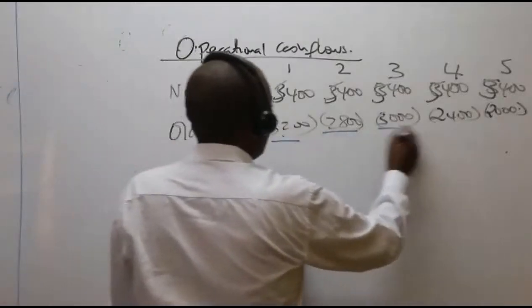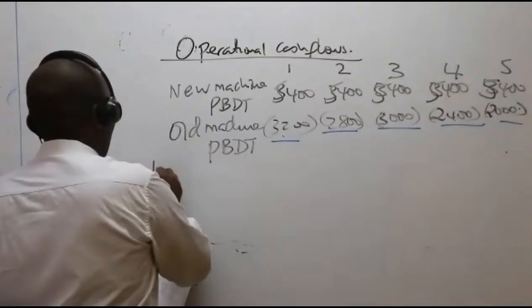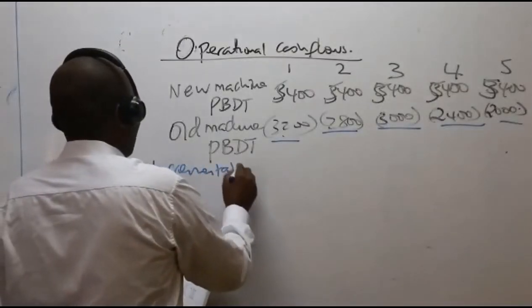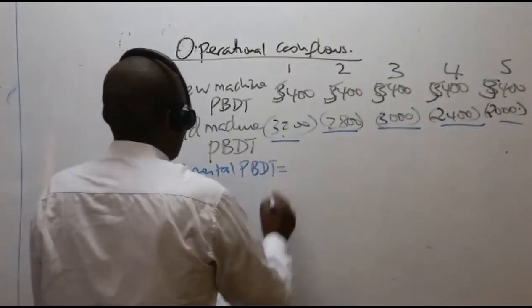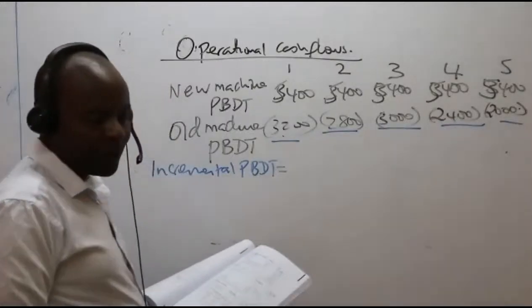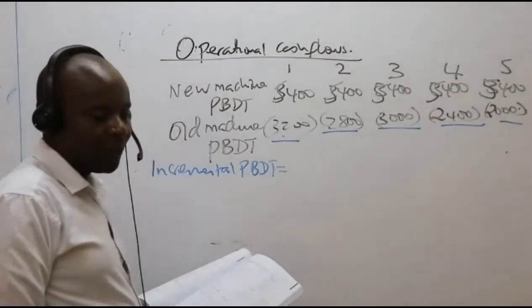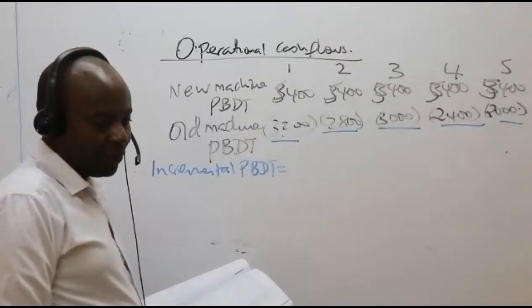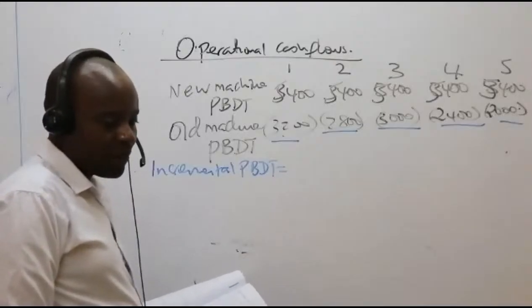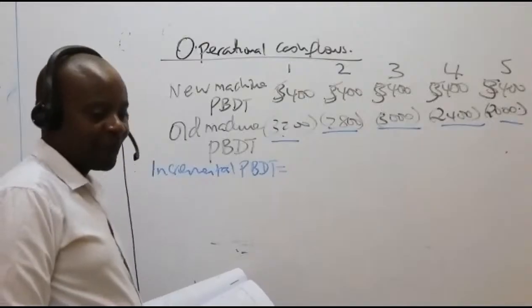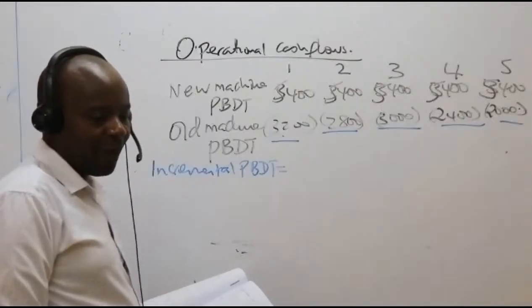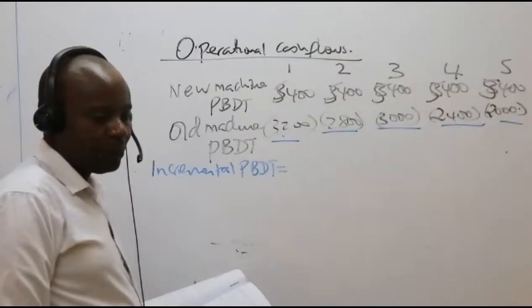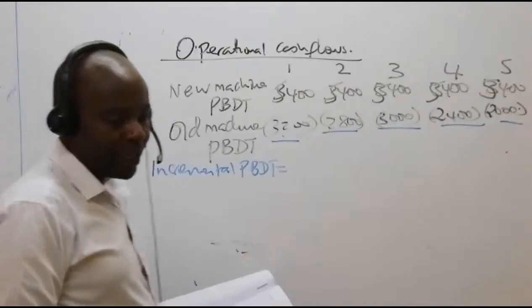Is there somebody who is able to give us that incremental PBDT? What figures do we have, somebody here? The first one, 5,400 minus 3,200. Please give me the figures very fast.